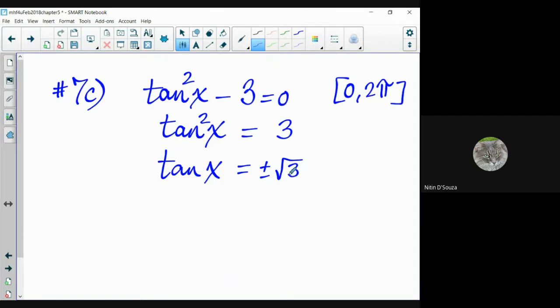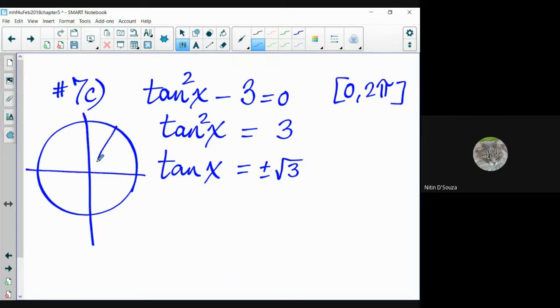Okay, so if you look at your unit circle, you see this point and you see this point. Okay, and you've got this point and you've got this point. On this point, your tan value is going to be root 3 because your sine value is root 3 over 2. Your cosine value is 1 over 2. So when you do sine over cos, positive root 3.